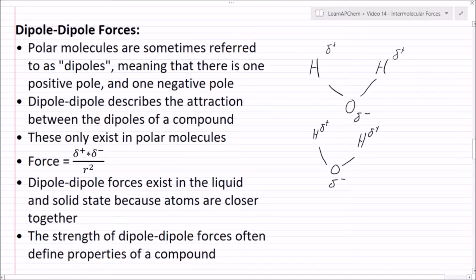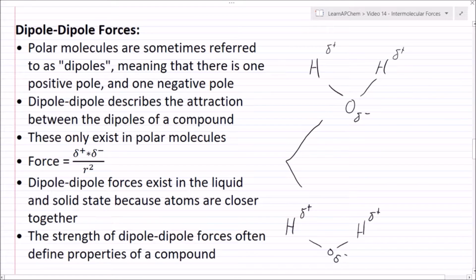If we're in a gas, if you think about it, what's happening here is that our R has gotten really big. So right here, our R has gotten very big, and so we're going to see a very, very small force. And just a quick note, the strength of our dipole-dipole forces often define properties of a compound. So just something to keep in mind.